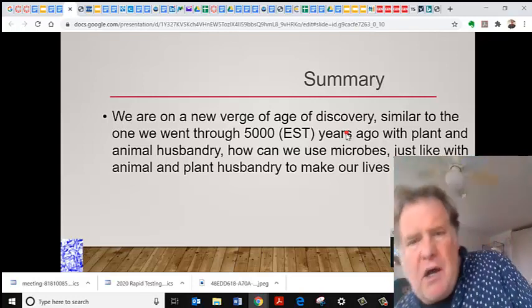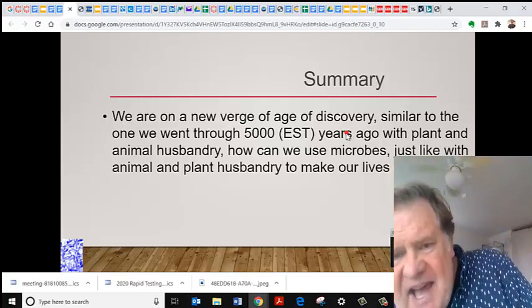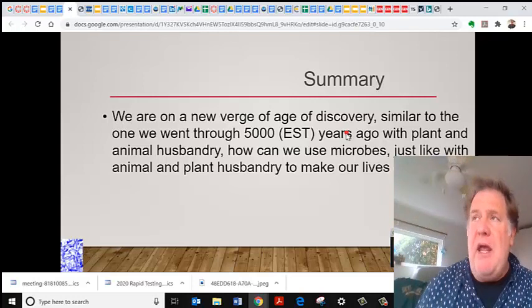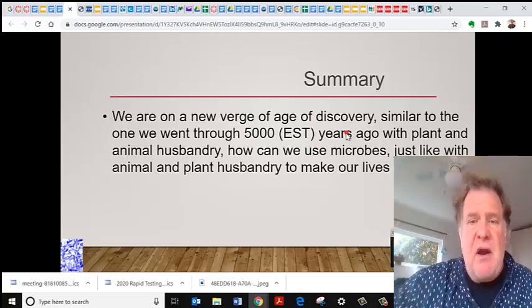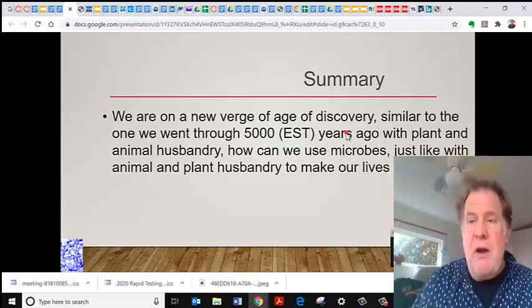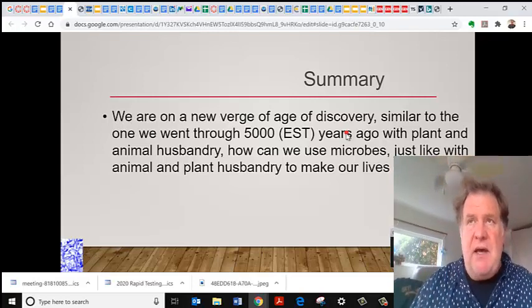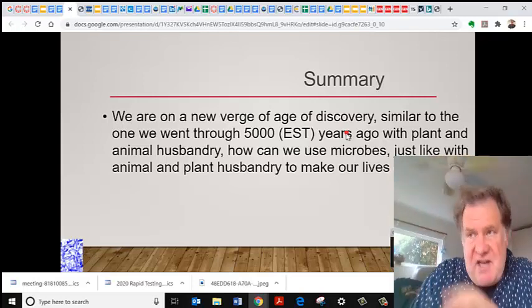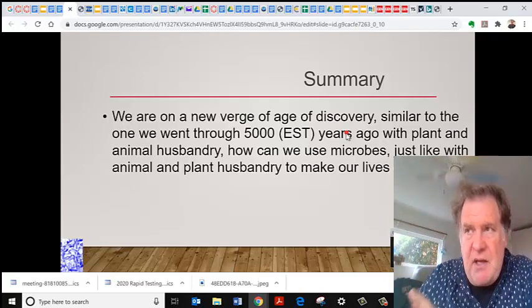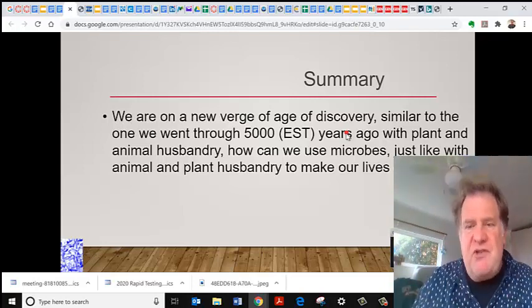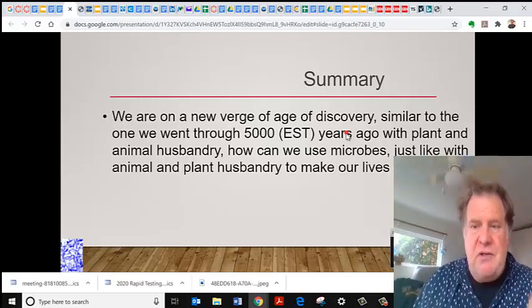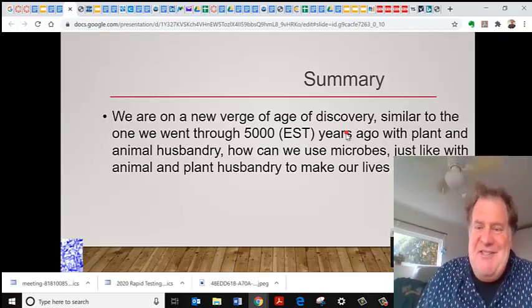Roughly about that time, rather than going around hunting and gathering things that were there normally in the wild, we were able to say, hey, if I sit down and grow this grass and protect and watch this grass, I'd have more time to discover the written language.